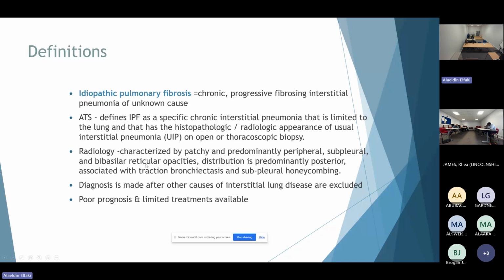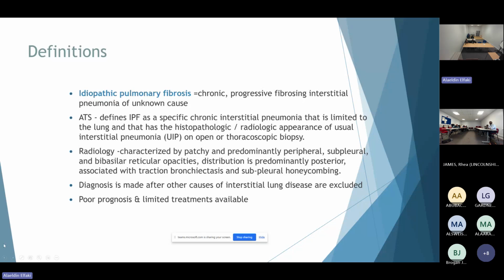Radiologically, idiopathic pulmonary fibrosis is lower lobe predominant, also predominantly affects the subpleural area, and is associated with honeycombing and traction bronchiectasis. So these are the four main features of IPF radiologically.